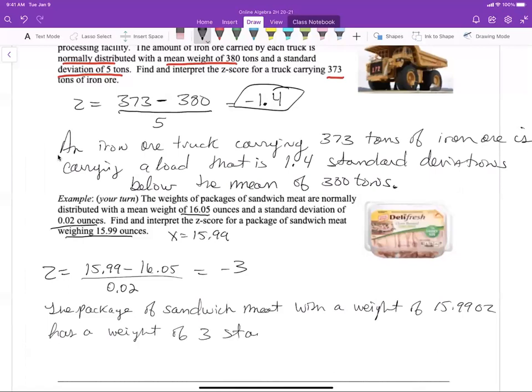Always, we're going to describe it as positive when we describe it. Now the negative tells us the direction, which is below the mean weight of 16.05 ounces. Okay. All right.